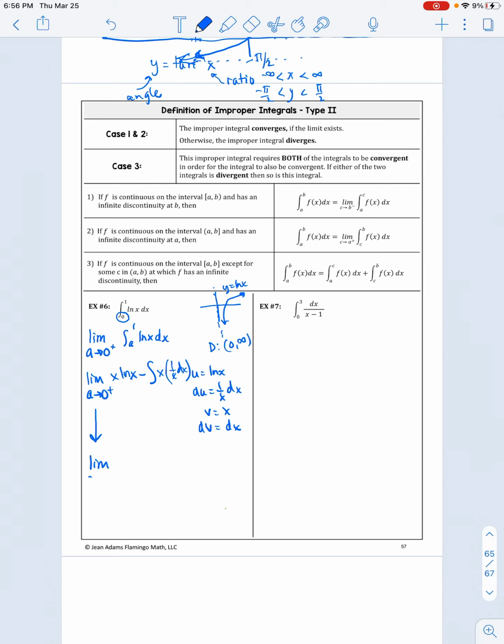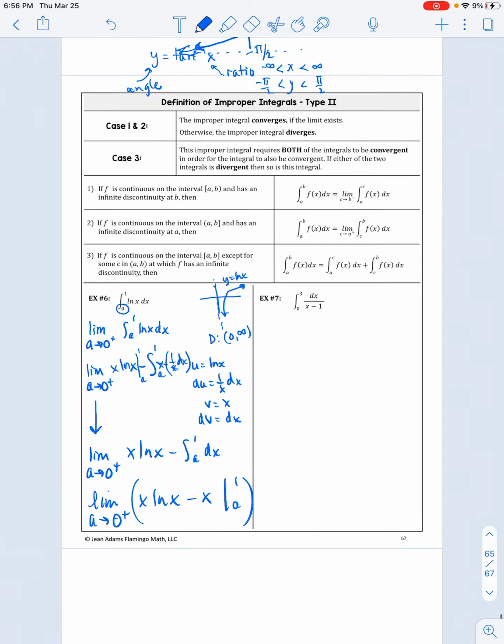And this is an integral where I need to put my a to 1 in, right? And this actually is from a to 1, but I'm just going to put it on this one and then put it on the end. This is just dx after the x's cancel. Limit as a goes to 0 from the right, x ln x minus x from a to 1.